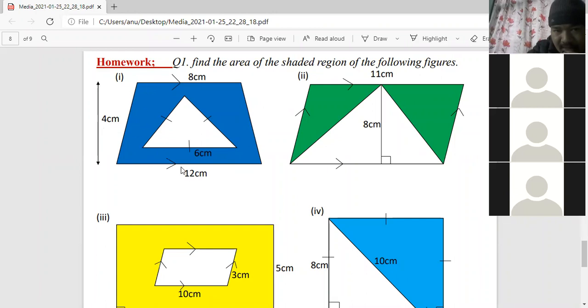Then area of trapezium will come. That's suppose A1. Then area of equilateral triangle, square root 3 by 4 into L square. Then find the area of this equilateral triangle. You can find out this area in decimal. Then area of shaded region is A1 minus A2.